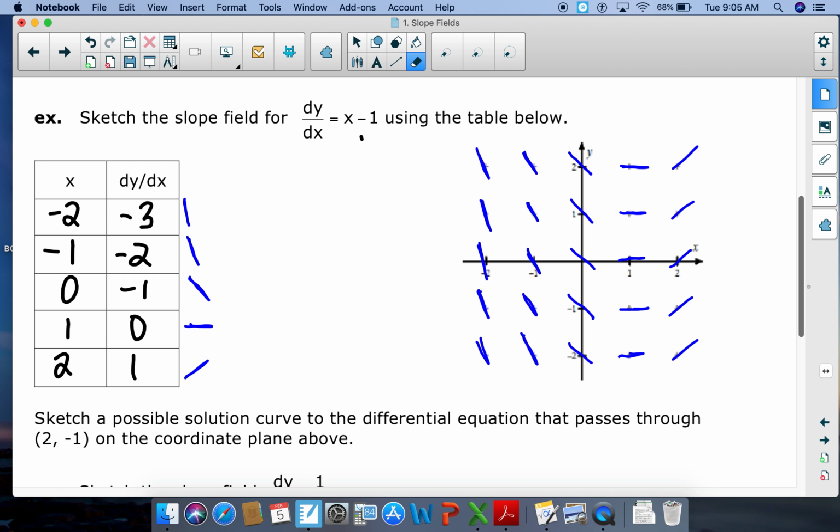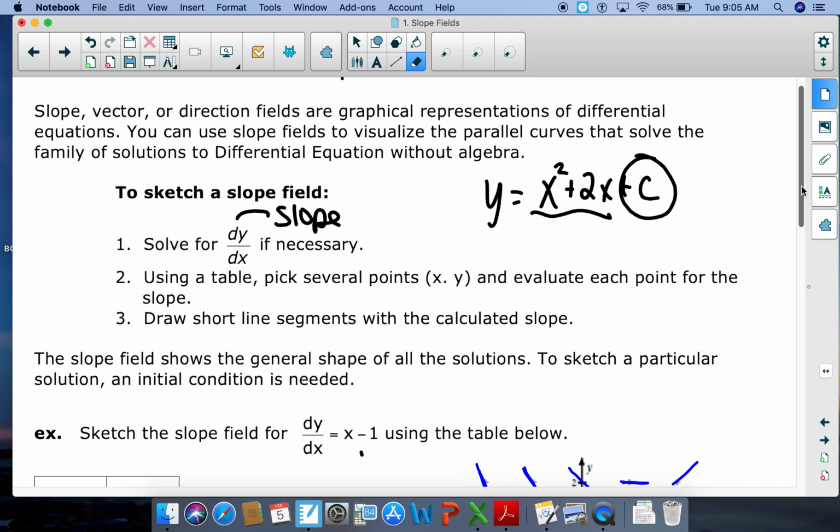In order to find that C value, what did you need? Do you remember? So if we got that as our antiderivative, how did we go about solving for C? We needed a point, an x and a y that was directly on our function, didn't we?